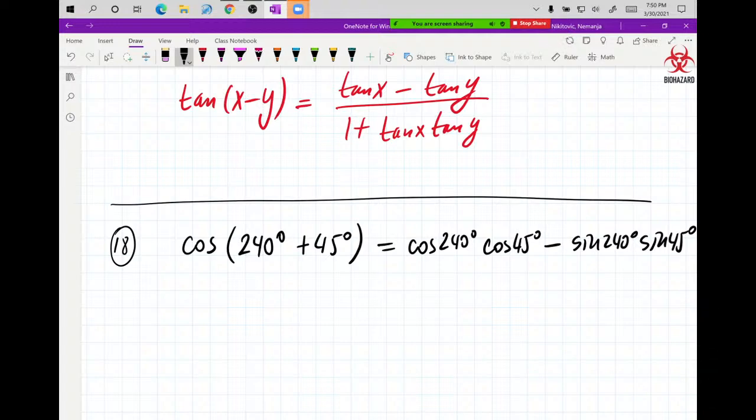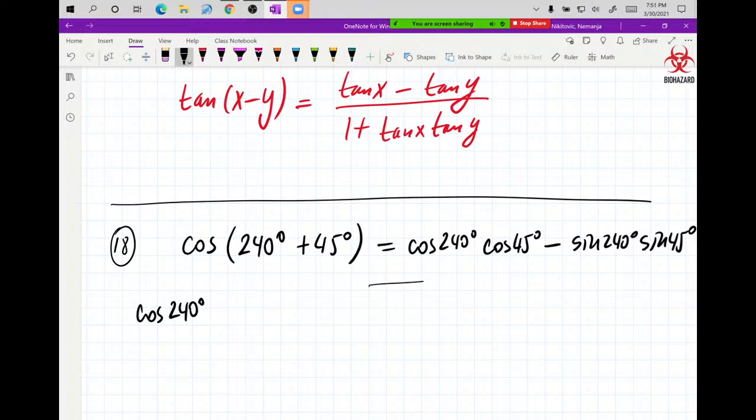But now you have to compute cosine 240. This is where the reference angles kick in, right? So how much is cosine 240? This is why I say we're getting into annoying problems. It's not difficult. You just have to jump through hoops, right?